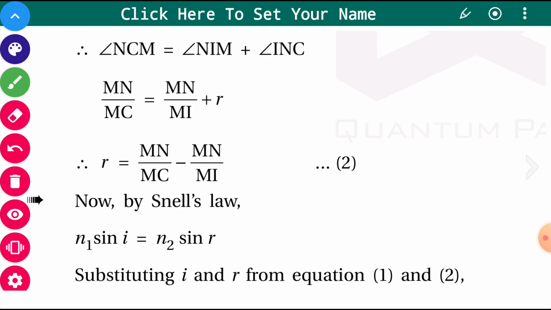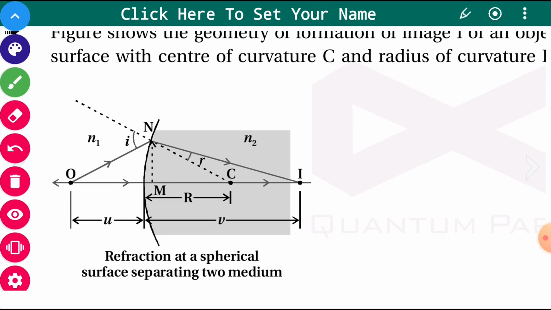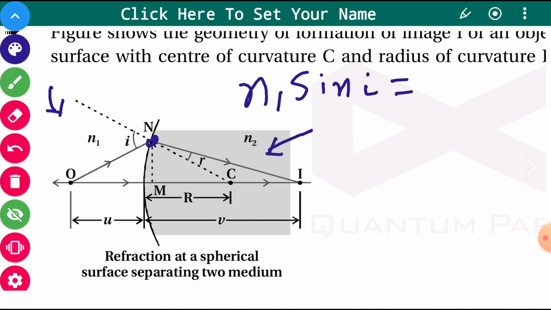Now we apply Snell's law at the point of incidence, that is n1 sin i is equal to n2 sin r. Now I am showing it here. We apply Snell's law at this particular point, say point I. Here the refractive index is n1, so we write n1 sin i is equal to n2 sin r, where the other medium is the denser medium with refractive index n2.